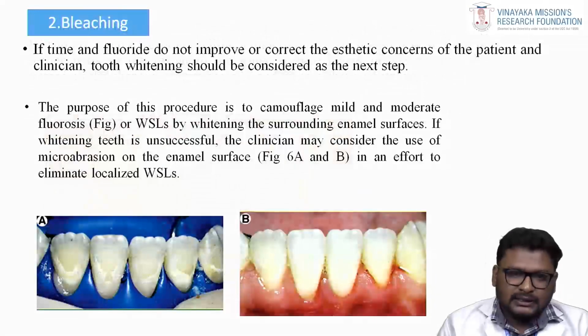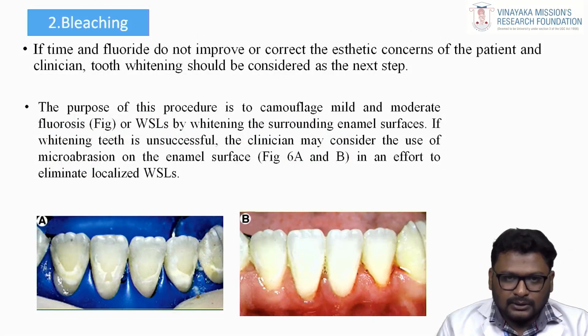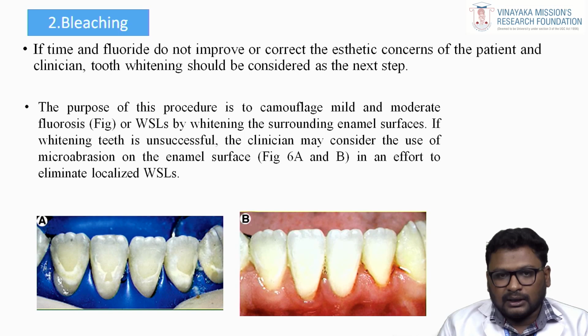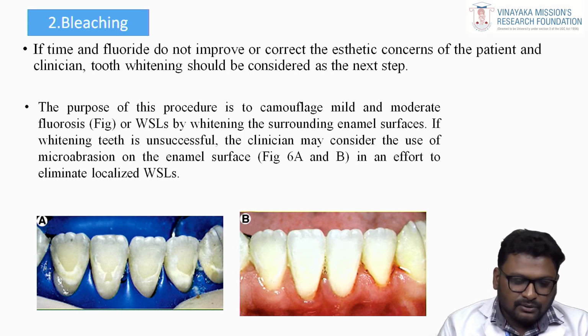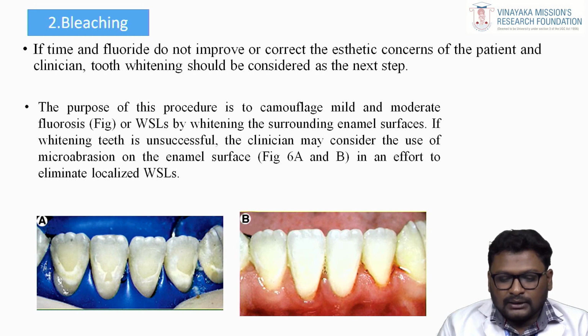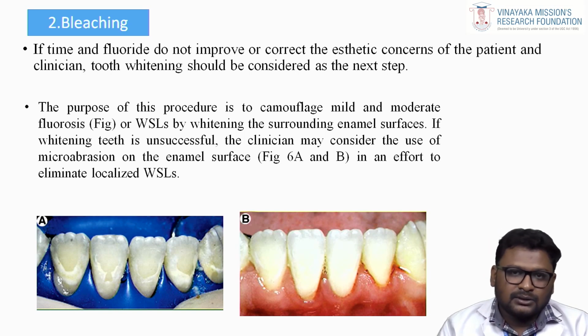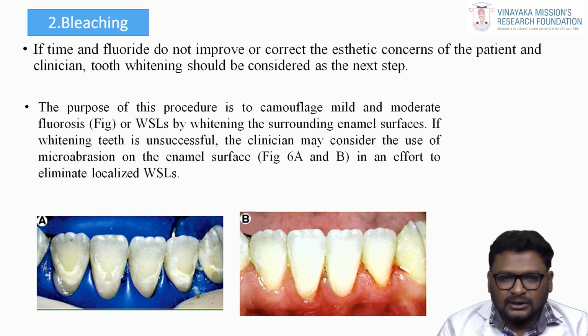Once remineralization has failed, if the patient is unable to remineralize the lost structures, the next option is bleaching. In these conditions we are going to camouflage the internal problems. We are just going to give a mask to the external layer of the enamel. The defect will be present inside, and externally we apply a mask.